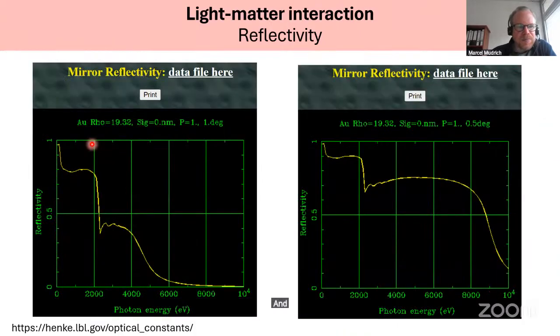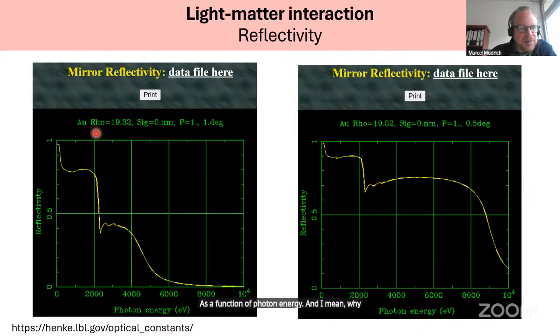And typical reflectivities, now that we know the index of refraction, as a function of photon energy. Why gold?